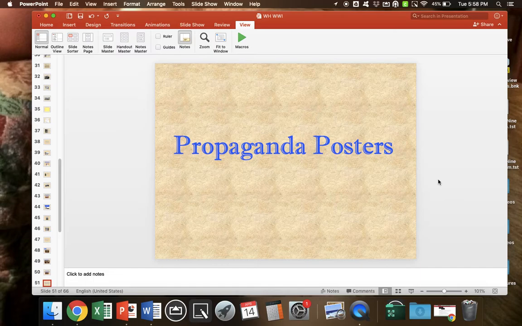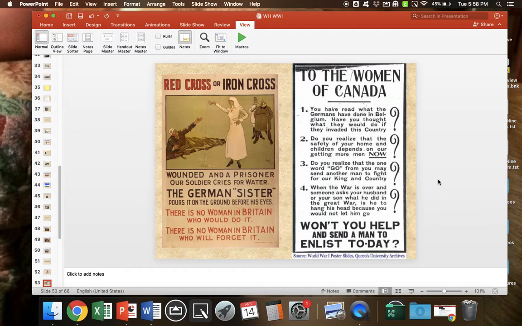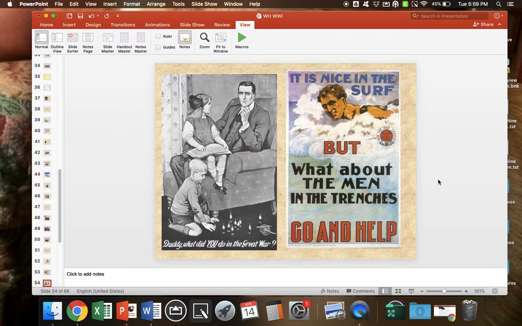Propaganda posters. Not going to spend a lot of time on these because we did look at these in our assignments, but we are just going to take a quick peek at some of these propaganda posters. Again, always noting certain things that will be attached, that helmet, the devil with Germans, asking, what did you do to help? And that will be a big one, encouraging enlistment by asking, what did you do during the war?